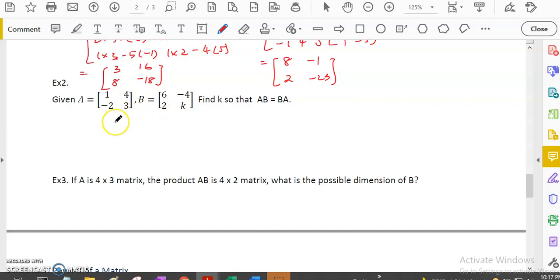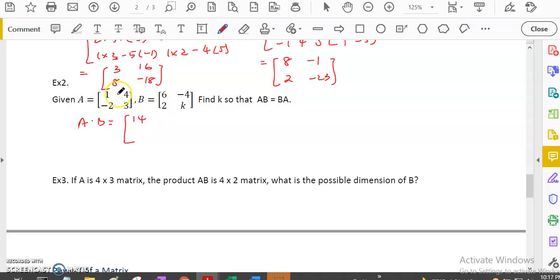So this is a very interesting question. They say if you multiply these two together, for some reason AB is equal to BA, find K so that it works. So we just have to multiply them, right? A times B would be 1 times 1, 4 times 6, 2. 1 times 6 plus 4 times 2, so 6 plus 8 is 14.